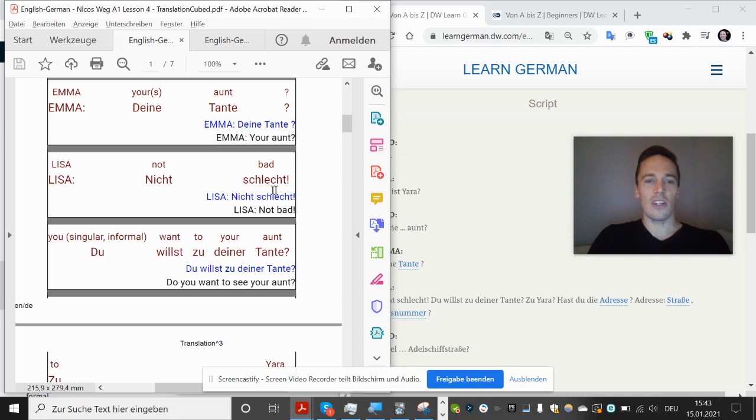Nicht schlecht. So in the last lesson, we saw CH, but it was after a back vowel. It was brauchst du Hilfe. After back vowels, A, O, U in German, a CH is ch.